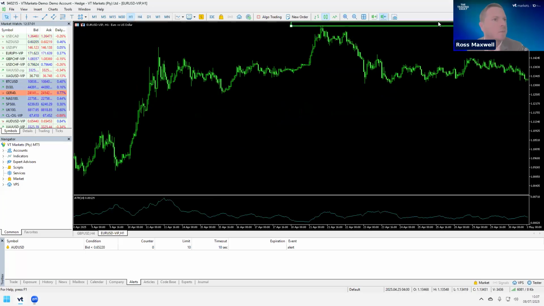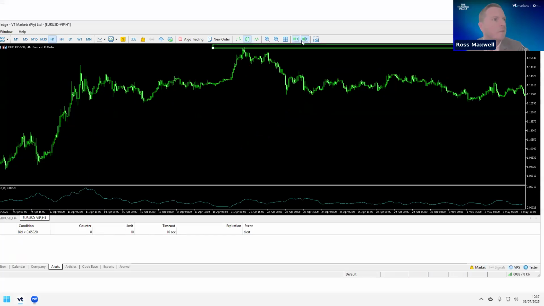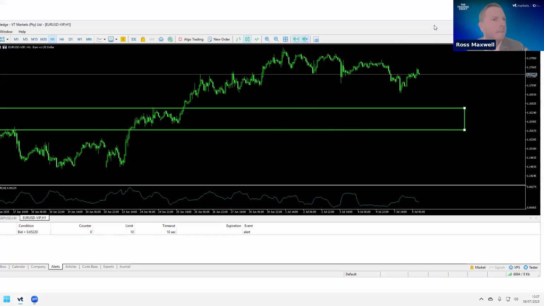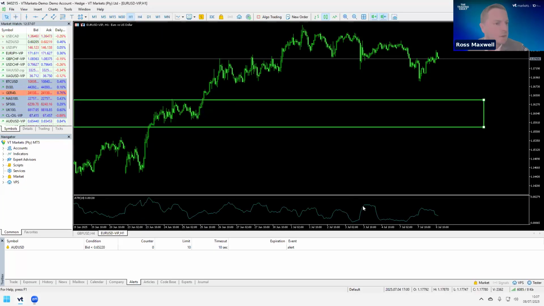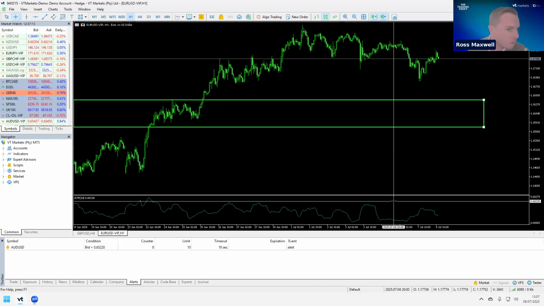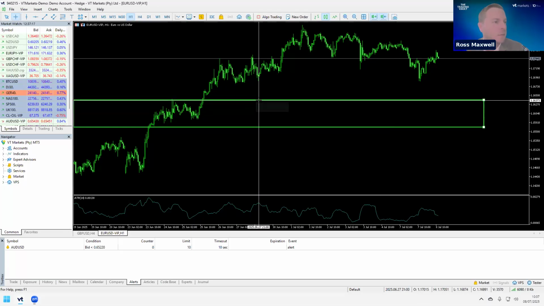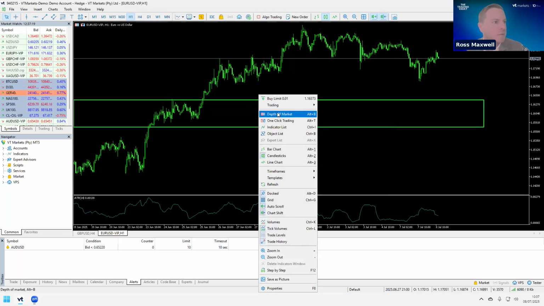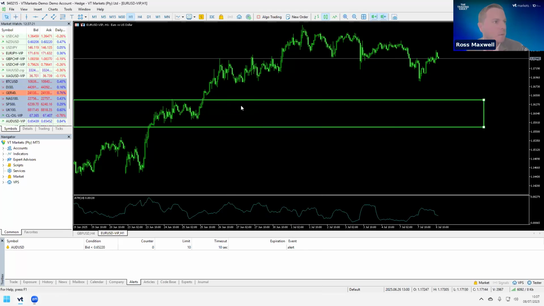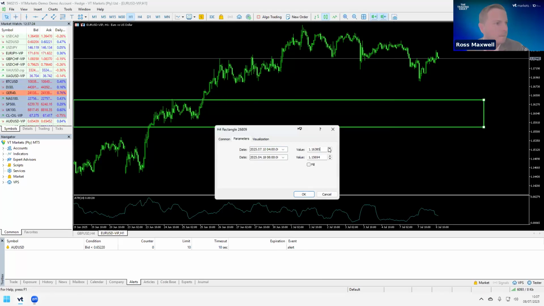Let me just have a look at this briefly rather than a 4-hour. Yeah, it's better on the 1-hour chart. So we'll look at this on the 1-hour chart. We're going for a 24, 25 pip wide ATR. So we're going for about a 12 to 15 pip wide zone.